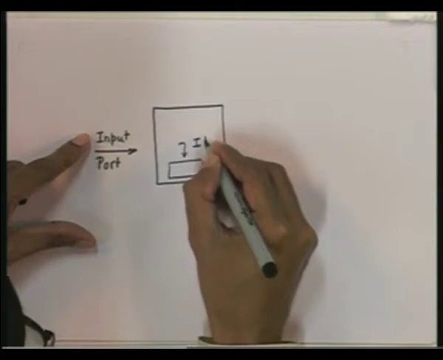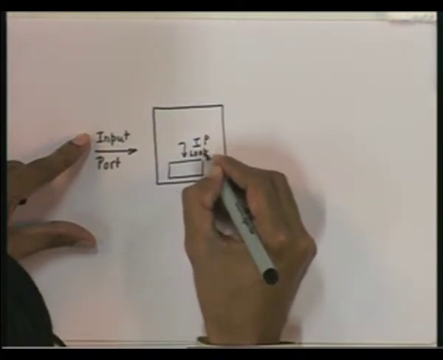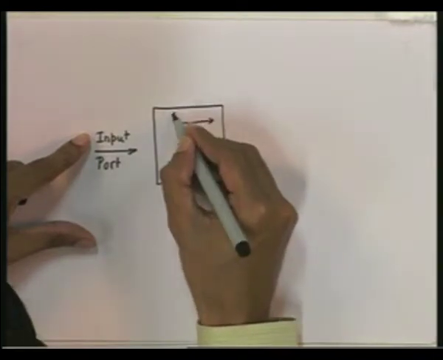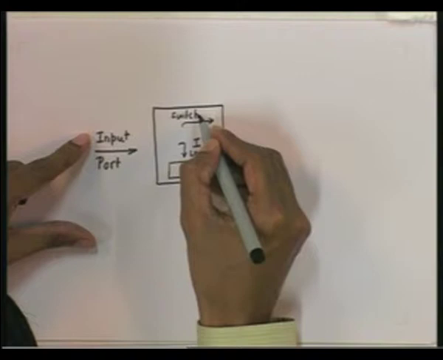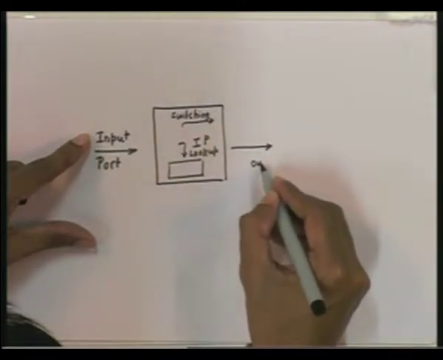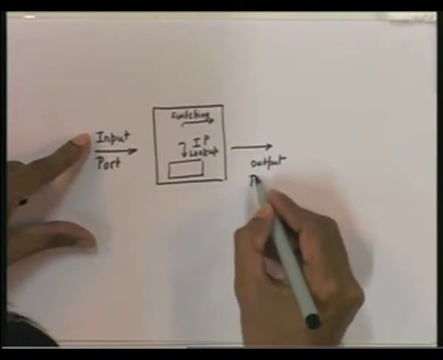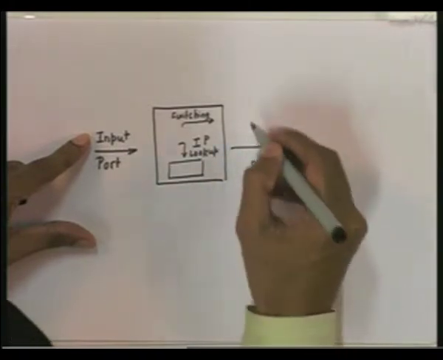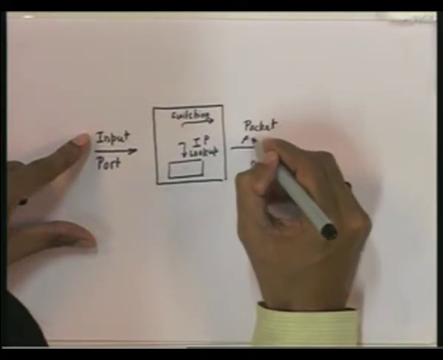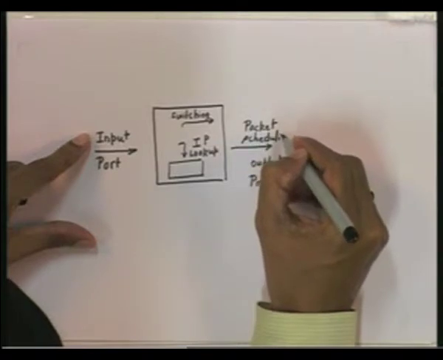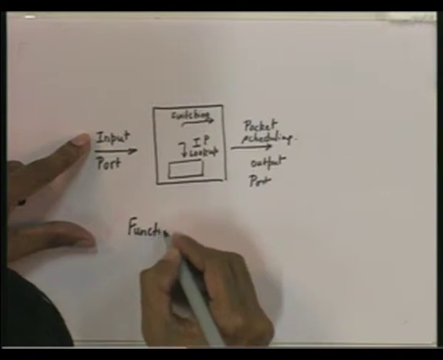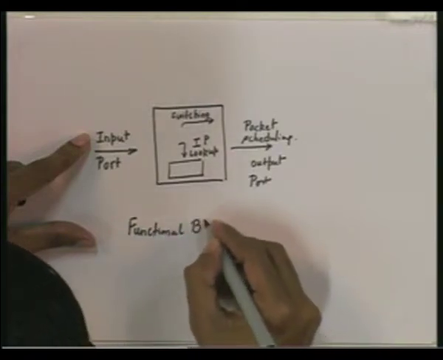So there may be IP lookup operations, and then there may be a switching involved which will switch the packets from a particular input port to a particular output port, and this output port may have the packet scheduling as well. Functional blocks of a router.